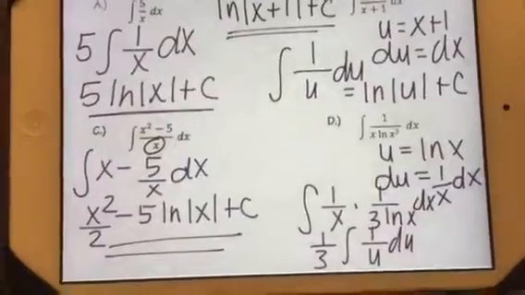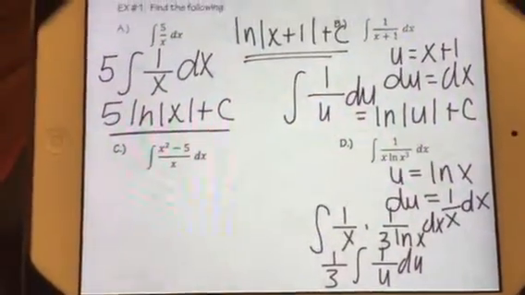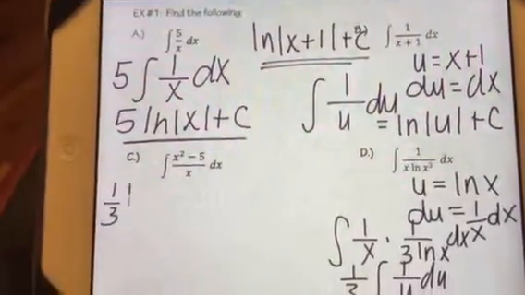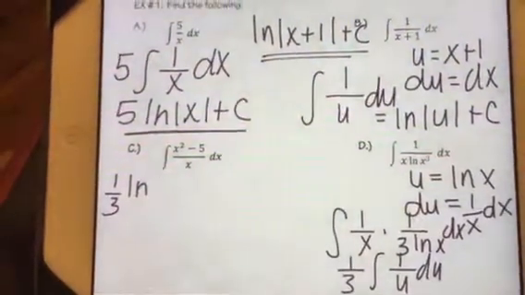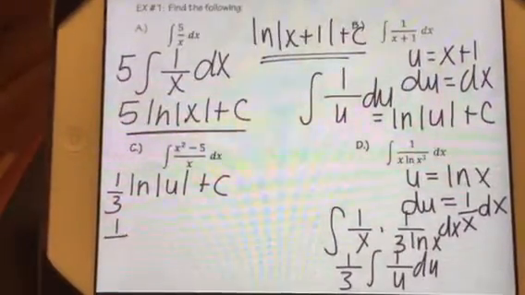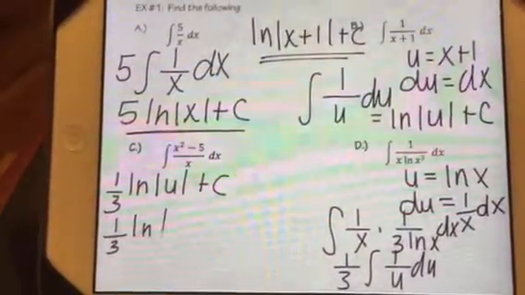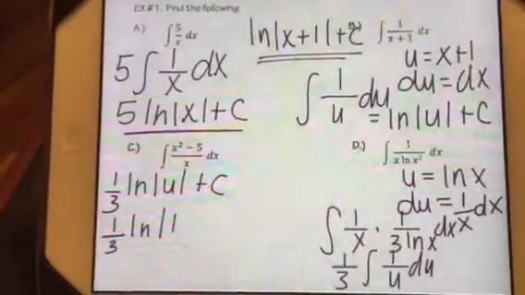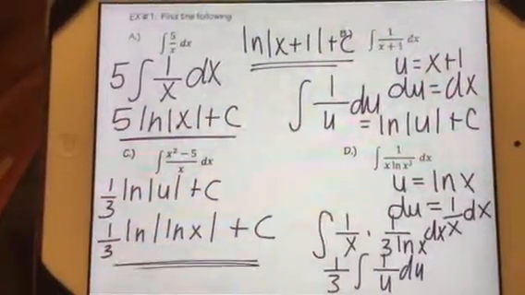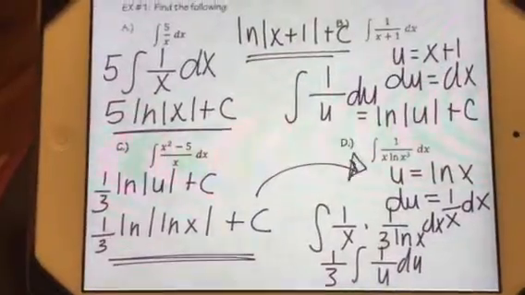I needed to erase some so that I could have more space. So it'd be 1/3 ln of absolute value of u plus c. Final answer would be 1/3 ln of u, and u was ln of x, plus c, and that would be our final answer for part D.